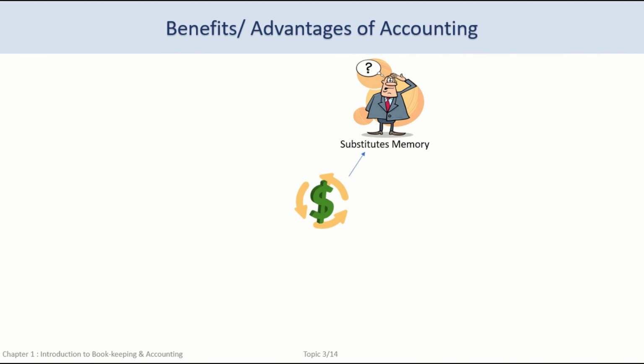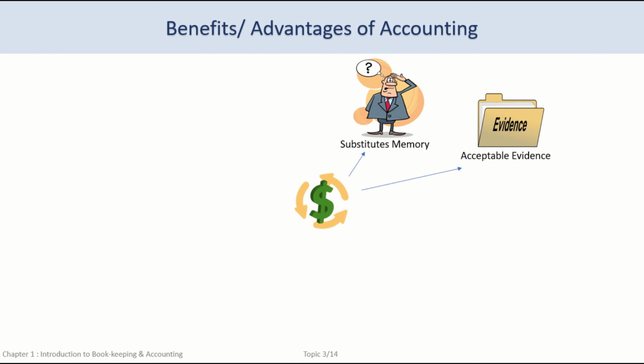The second benefit of accounting, which goes hand in hand with the first advantage, is that accounting provides all the evidence for the information recorded. Without proper evidence, we should not record anything. This evidence should be proper documentary evidence.